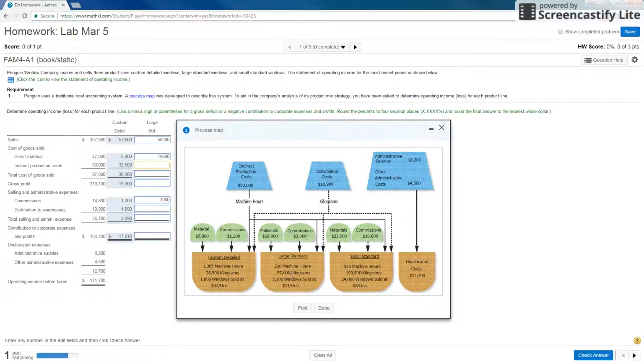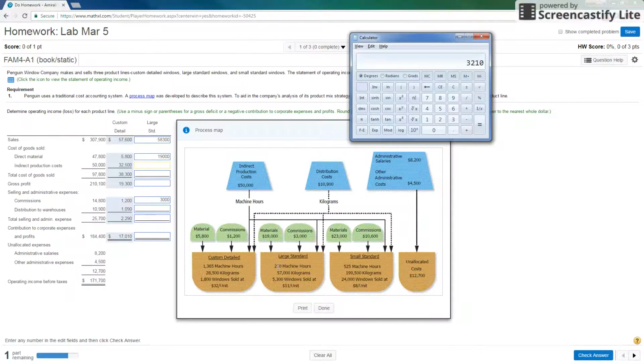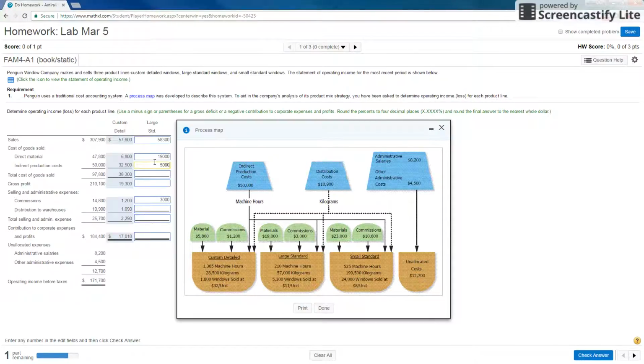I know that there were 2,100, and what percent do you use? So 210, no, not that number. 210 divided by the total machine hours among all three products, which is 2,100. It's 10%. So 10% of 50,000 is 5,000.